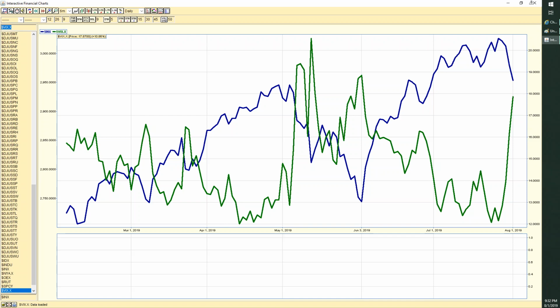An index or an ETF is a combination of stocks. And there's been a proliferation of ETFs and indexes over the years, which has led to a phenomenon called correlation. Correlation has gotten stronger and stronger over the years.